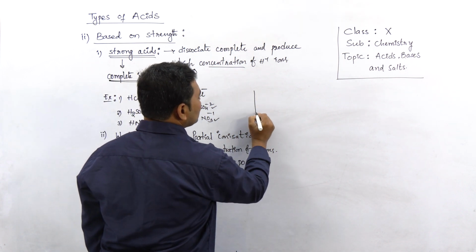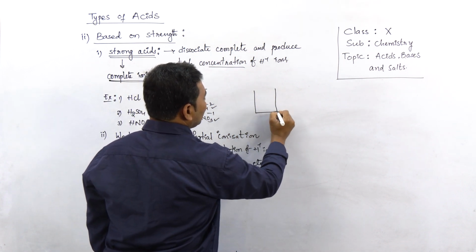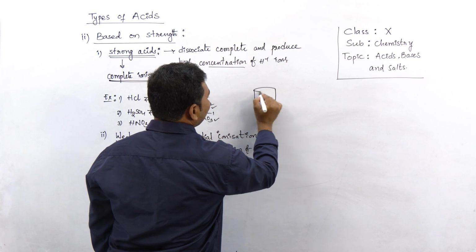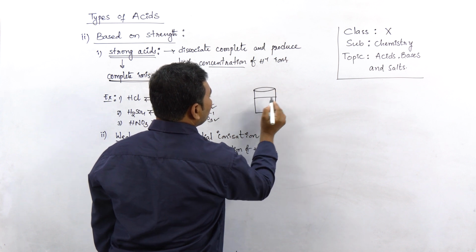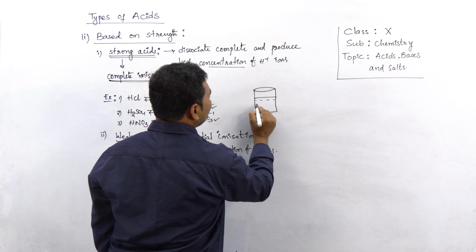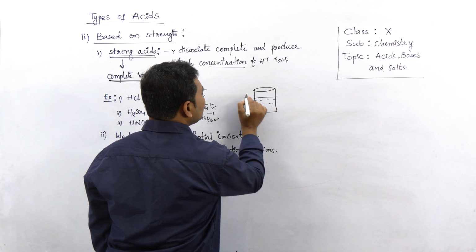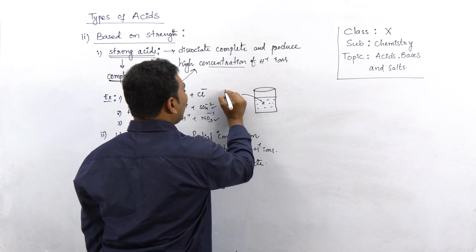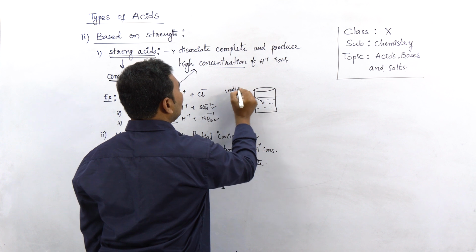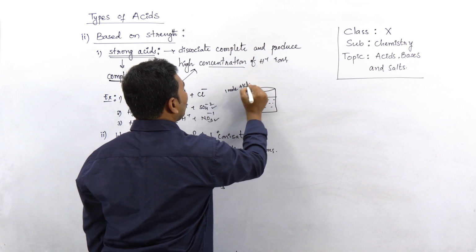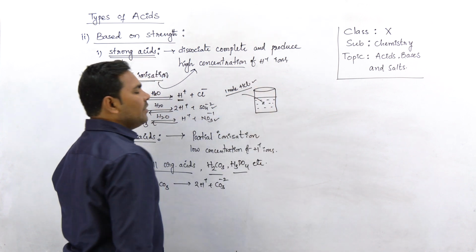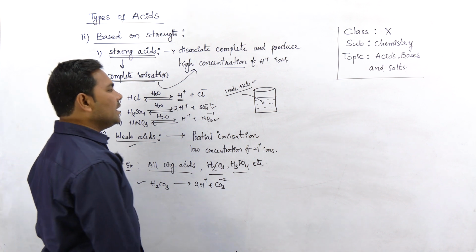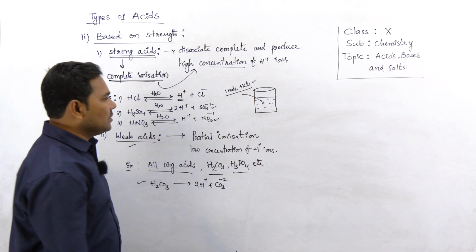It is an example. But what happens generally when these acids are added to water? Now let us understand with this example. Let me take distilled water in a beaker. To this distilled water, if I add 1 mole of hydrochloric acid, we know 1 mole of hydrochloric acid contains Avogadro number of HCl molecules.